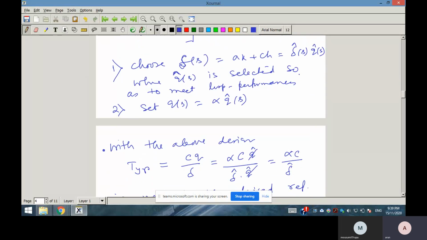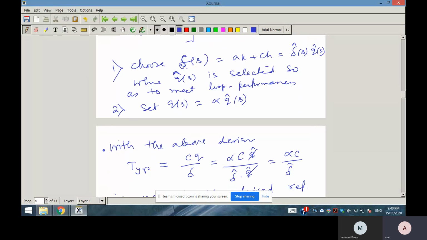Then you have to choose Q hat(s) such that the resulting controller polynomials H(s) and K(s) will yield some desired loop performances, some desired sensitivity peak, some desired disturbance and noise attenuation characteristics, and then ultimately Q(s) is equal to alpha into H(s).